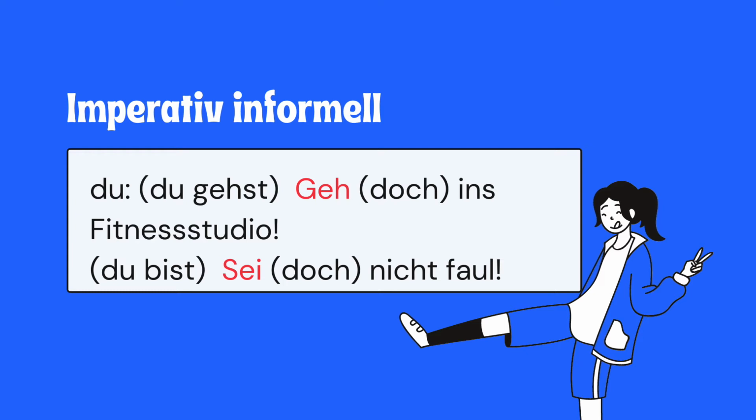When it's in the imperative form, it becomes sei. Sei nicht faul, don't be lazy. Also for the verb geh ins Fitnessstudio, the infinitive form of this verb is gehen. So du gehst means you go. It can be used this way.